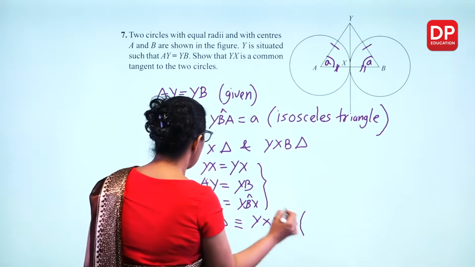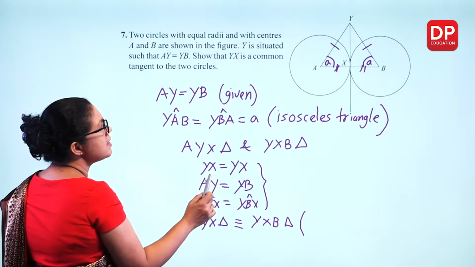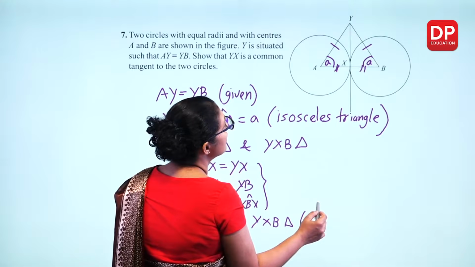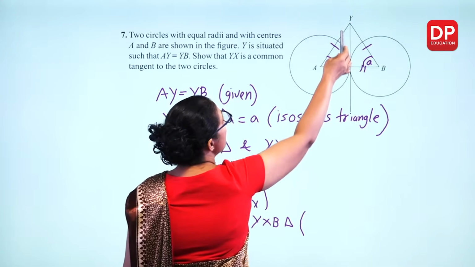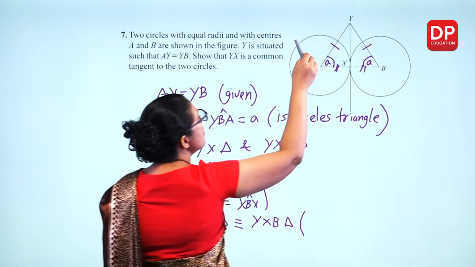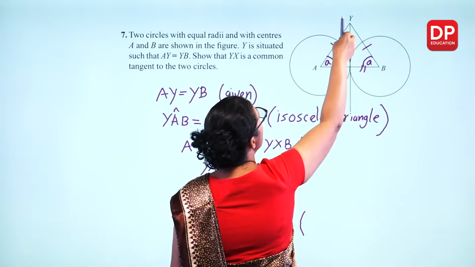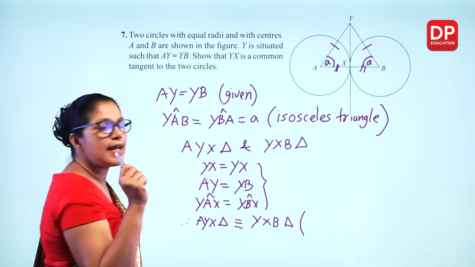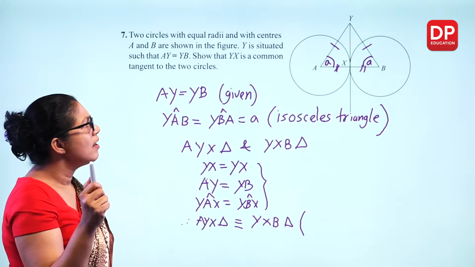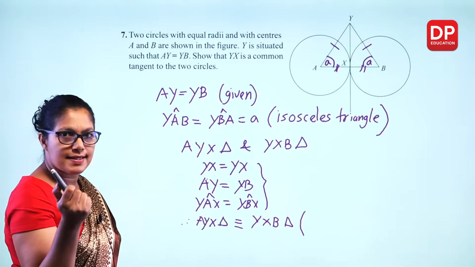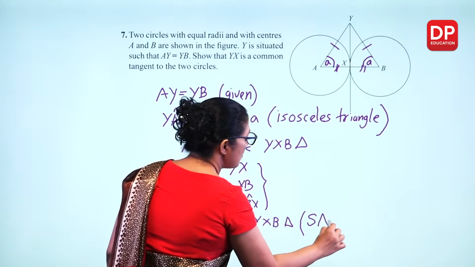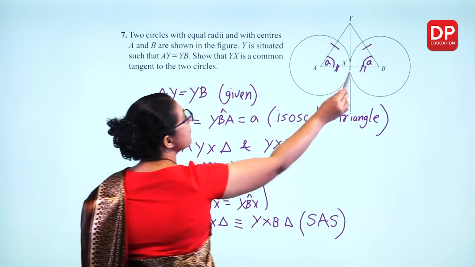What's the situation? Side, angle, side. Here we have this also. You can apply the common length also, either SSS or SAS. Both are okay. I'll put SAS.